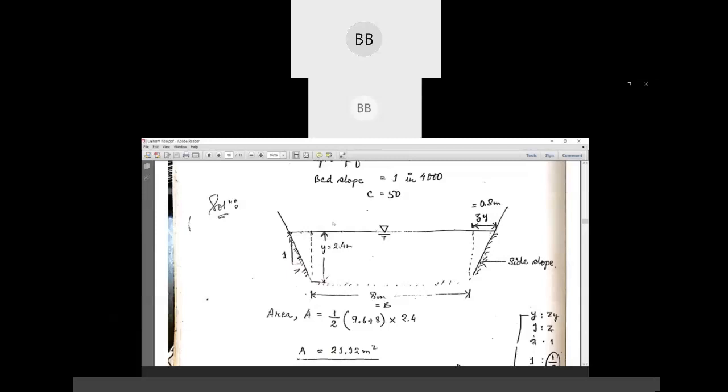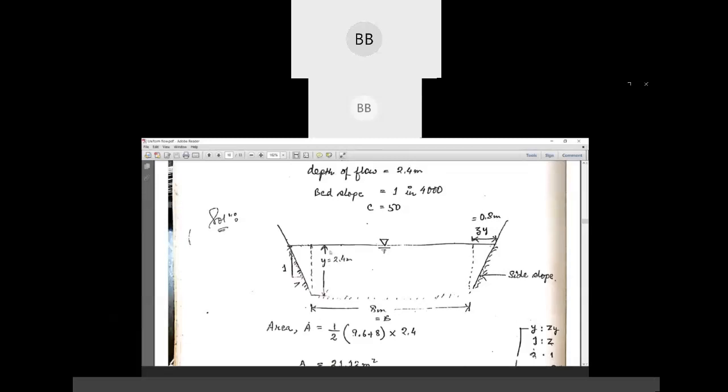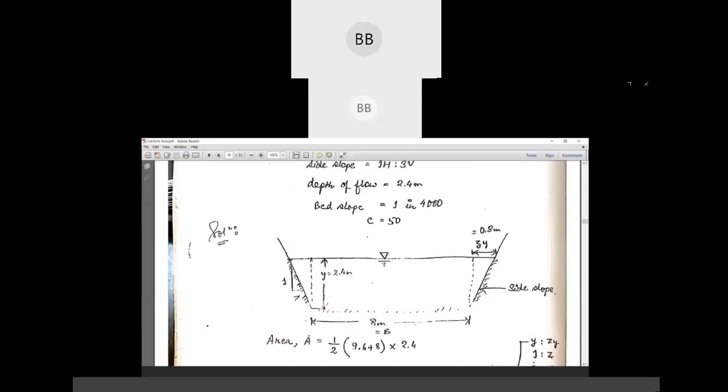Okay. So to find out the area, we have bottom width, but we don't have top width. Divided by 2 multiplied by your vertical distance. So that depth of flow is also given. So our first aim is to find out the top width. Top width, that means from here to here. Okay.